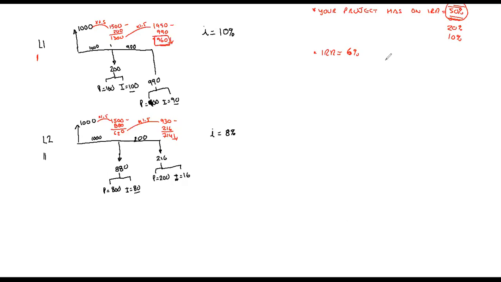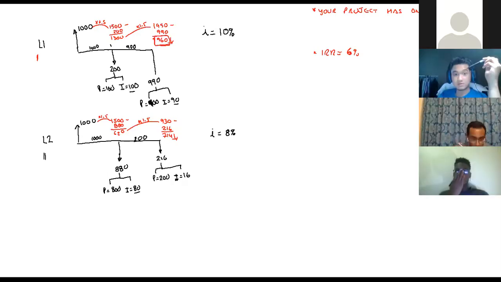If you have an internal rate of return of 6%. This is pure intuition. If bank 1 has an average interest rate of 8%, and bank 2 has an average interest rate of 10%, and you produce 6%, which one do you select?